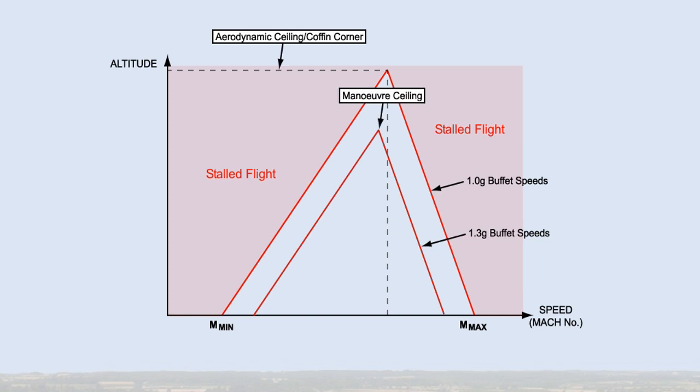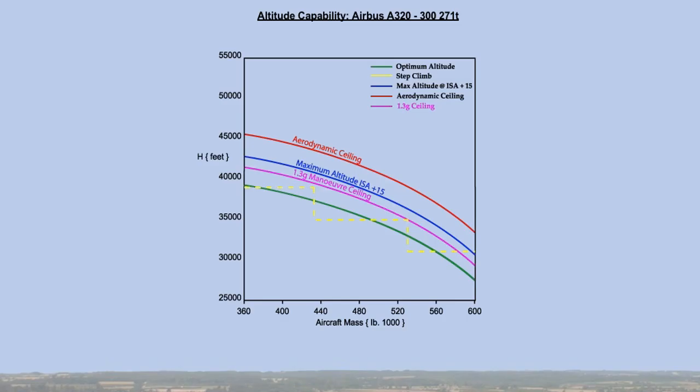This lower altitude is called the 1.3 g buffet limit altitude, or maneuver ceiling, and it is usually about 4,000 to 6,000 feet below the aerodynamic ceiling. Adding these two altitudes onto the graph shown earlier helps you to see how these different altitudes and ceilings relate to one another.